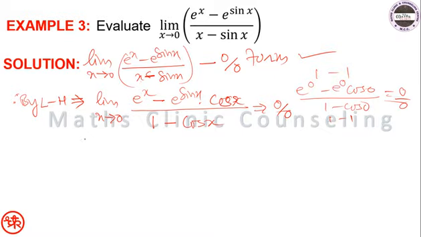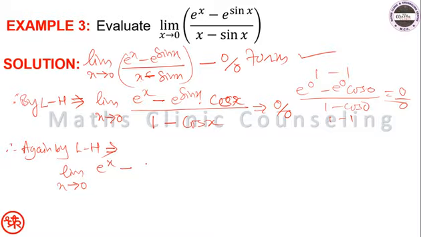Is that clear? So therefore again by L'Hospital rule. So what you will get? Limit x tends to 0, derivative of numerator: derivative of e to the power x, minus, is that clear? Derivative of e to the power sin x into cos x.